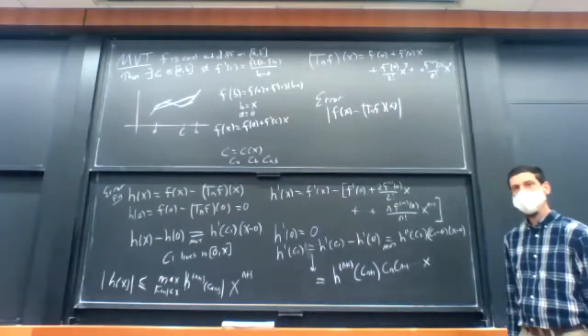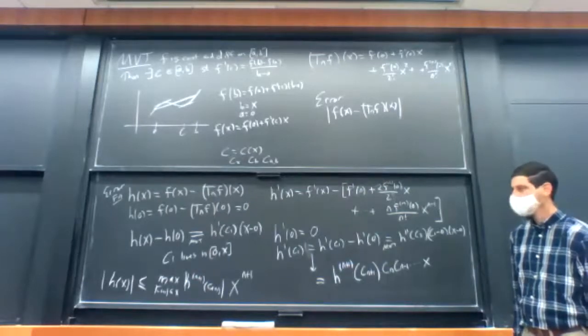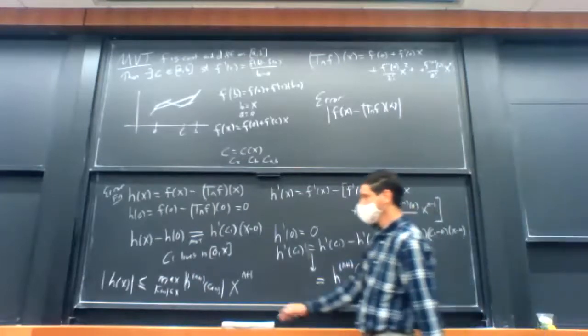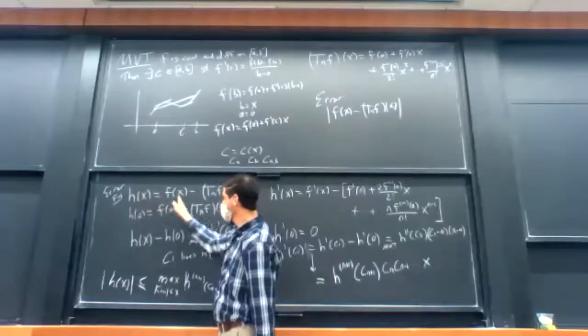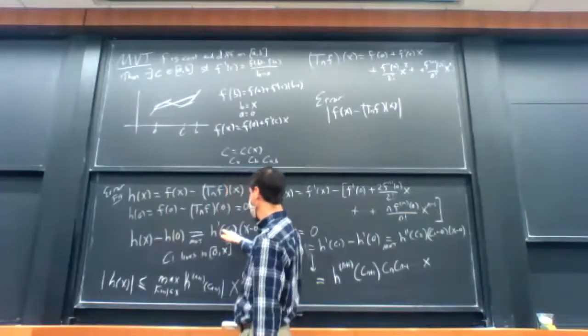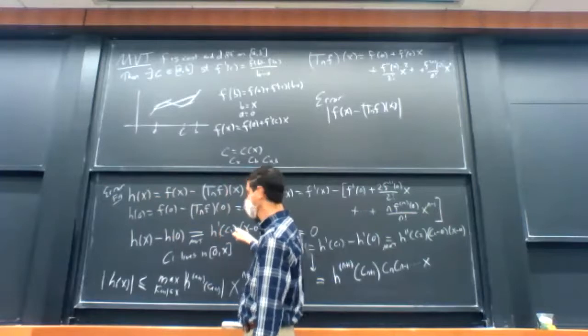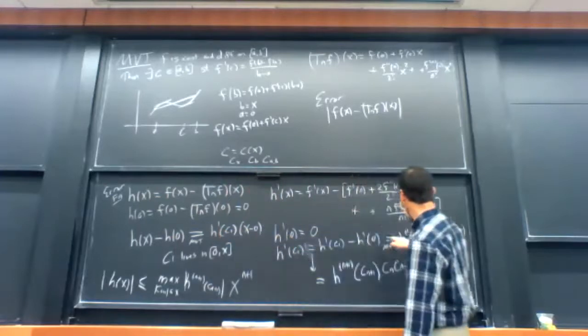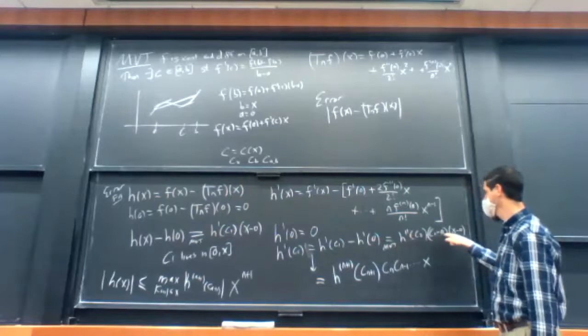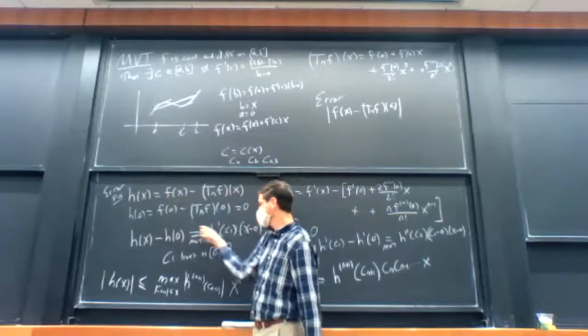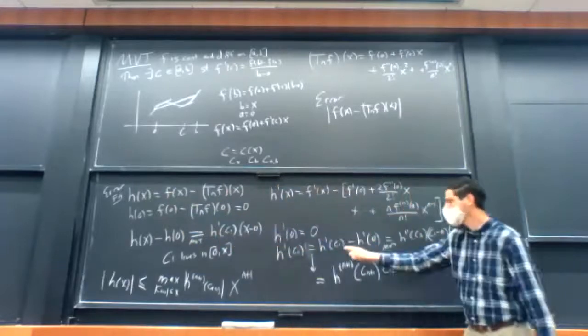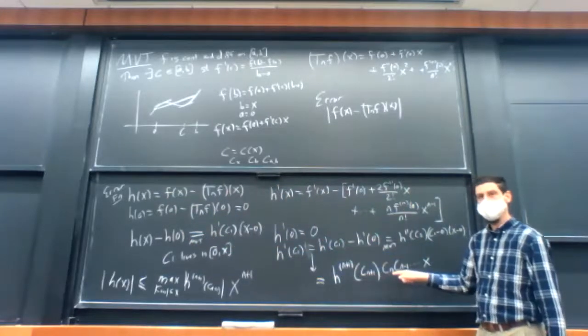Yes? Well, we've never changed it. We have h of x equals h prime of c1 times x. And then h prime of c1 is h double prime of c2 times c1x. So the equality keeps going. H of x is equal to this, is equal to this, is equal to this, all the way equal to this.